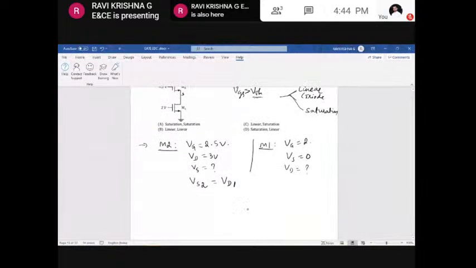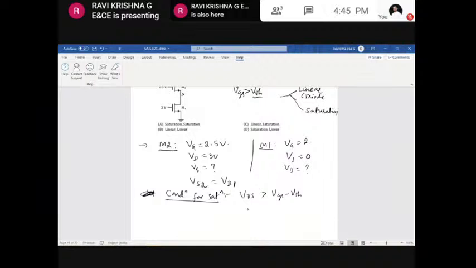Let us consider saturation. We know the condition for the saturation region is VDS should be greater than VGS minus VTH. For both the transistors, we need to verify whether this condition is satisfied or not.